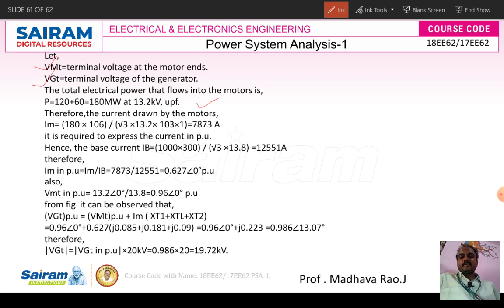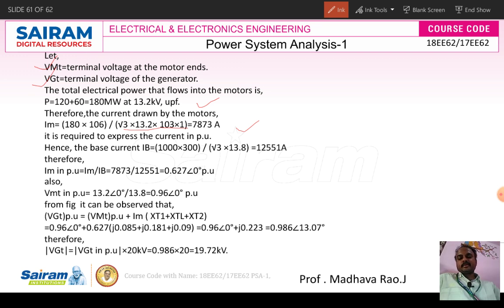So IM is equal to 180 into 10^6 by root 3 into 13.2 into 10^3 into 1. So if we compute the current, we get 7873 amperes.